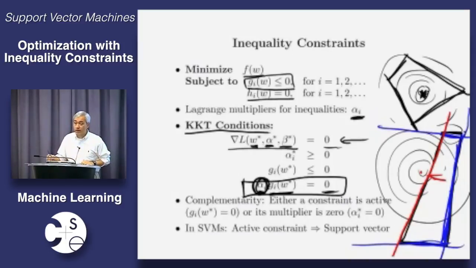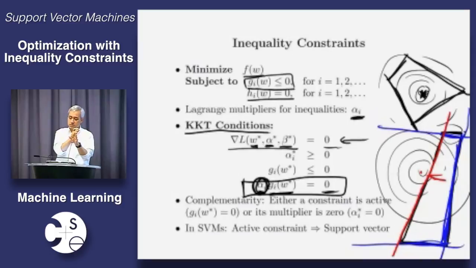Now, mathematically, what characterizes a constraint being active? It's that I am on the line defined by the constraint. My constraint was that g had to be less than 0, but on this line, g is equal to 0. You see what I'm suggesting here? So here's the following very interesting thing that happens. This whole complicated problem, where we've got lots of inequalities, at the end of the day just becomes a good old problem with only equalities, because for each inequality, either it goes away because it's not active, or it becomes an equality because I'm bumping against the constraint, meaning that the equation is satisfied.